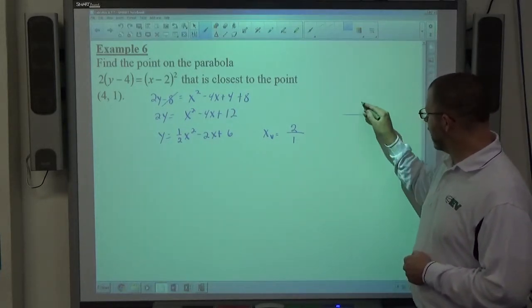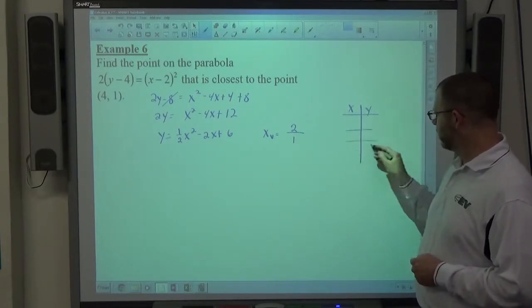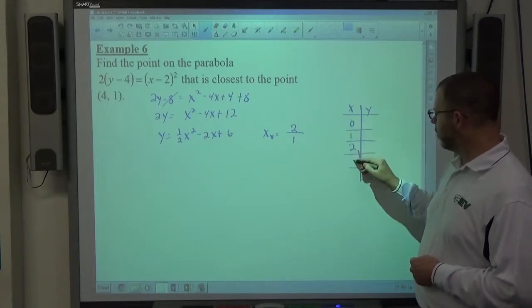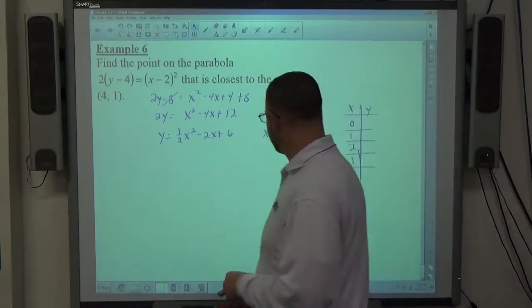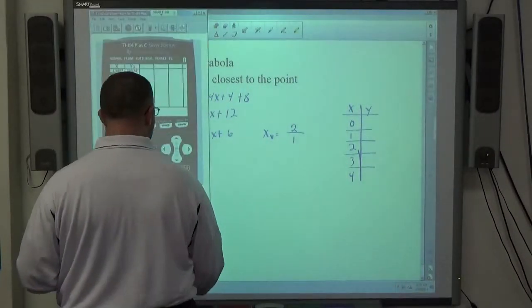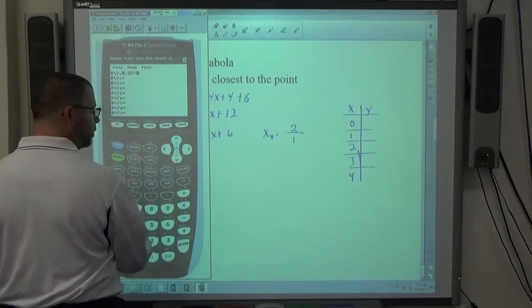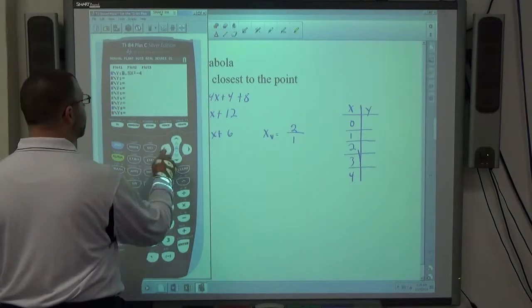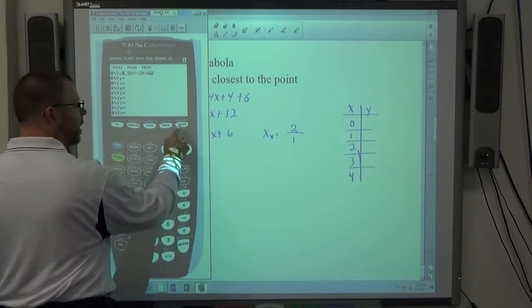So if I did a little xy chart here, usually I pick 5 points. If I picked 0, 1, 2, 3, and 4, that would be pretty good, right? I need to get points on the parabola, so I type in my equation, y = 1/2 x^2 - 2x + 6, and then type in my 5 numbers.